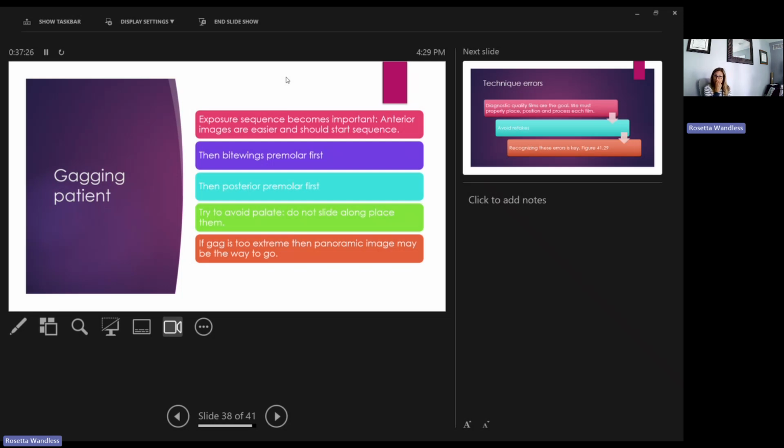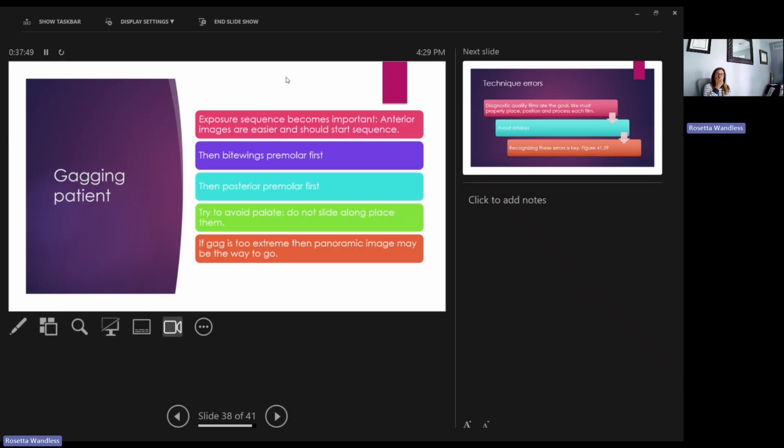That means when we're placing the film or image receptor in their mouth or the roof of their mouth, we're not going to slide it, because that causes the gag. So we want to be very purposeful, be at the right placement, the right tooth, at the right positioning, and we want to be confident and go in, have them close, take your picture.